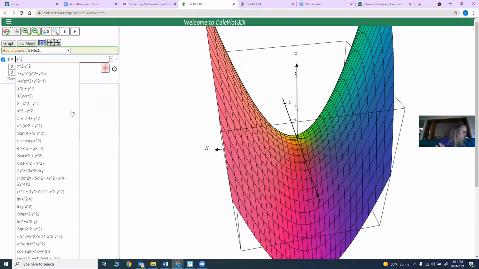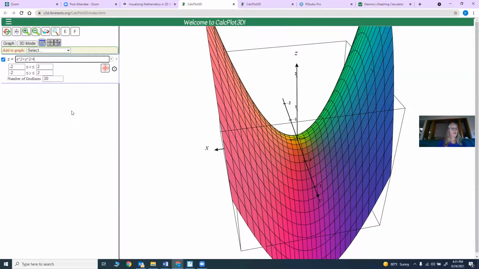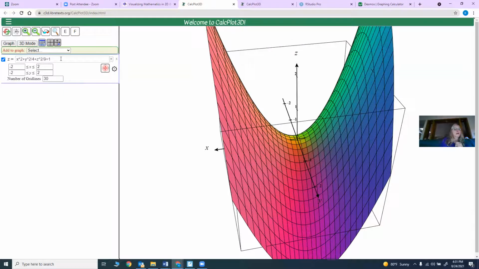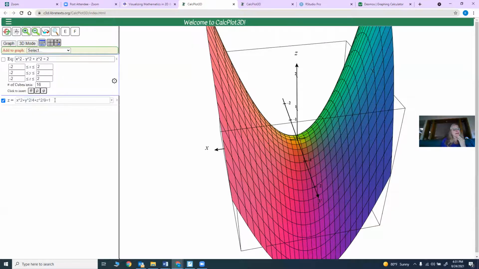Because I can never remember which one I just typed here, we're going to have x squared plus y squared over 4 plus z squared divided by 9, oops, equals 1. I guess I can't do that, but I can actually draw in implicit surfaces. That's what I need. I didn't do an implicit surface. There we go. So I did an implicit surface.